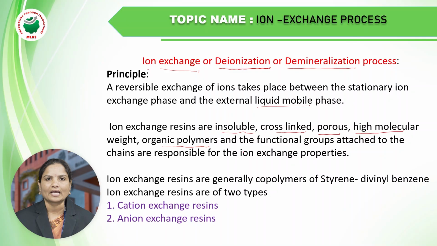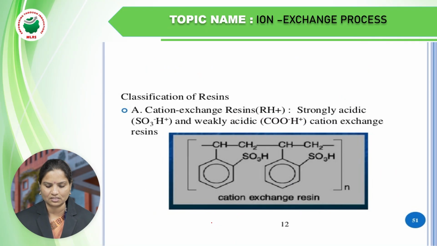The first one is the cation exchange resin and the second one is the anion exchange resin. These are insoluble, microporous organic polymers used in this process.